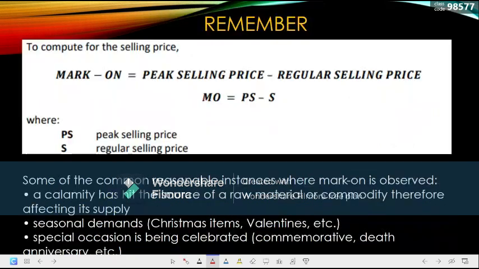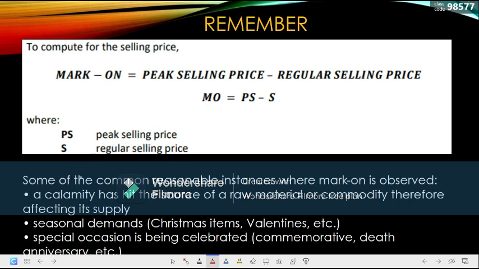Okay, so let's continue. Always remember, class, that to compute for the mark on, you have here the peak selling price minus regular selling price. In symbol, we have MO is equal to PS minus S, wherein PS is peak selling price, S is the regular selling price, and MO is mark on.